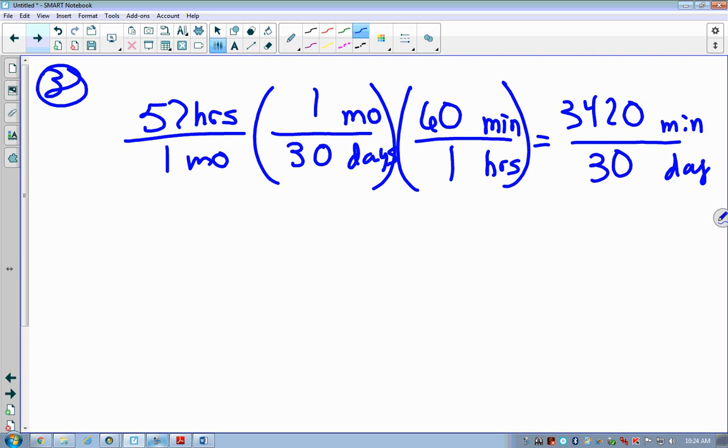All right, but we want minutes per 1 day, right? Okay, so what am I going to do with 3,420 over 30? Divide, right? So we get minutes per 1 day. Okay, what is that?